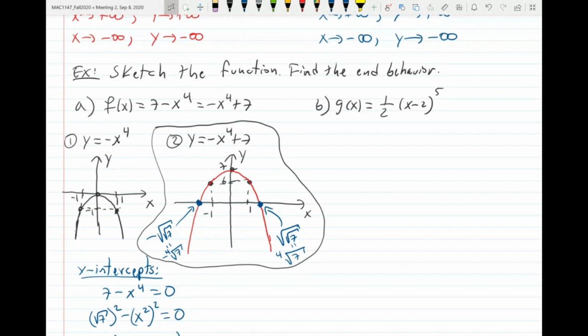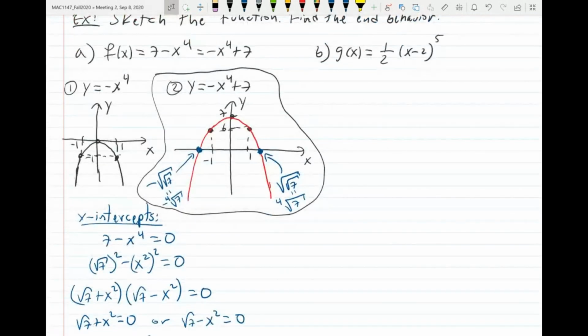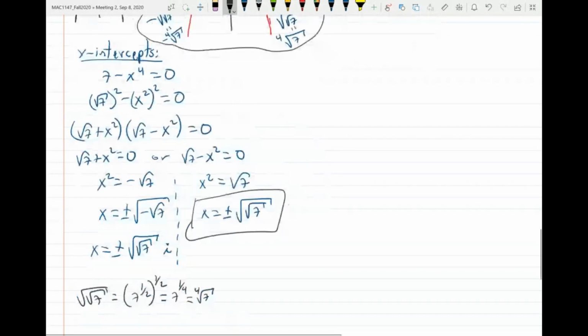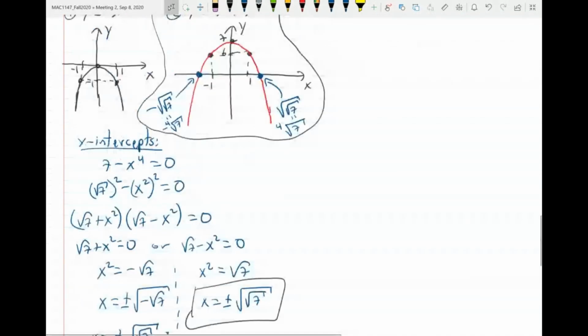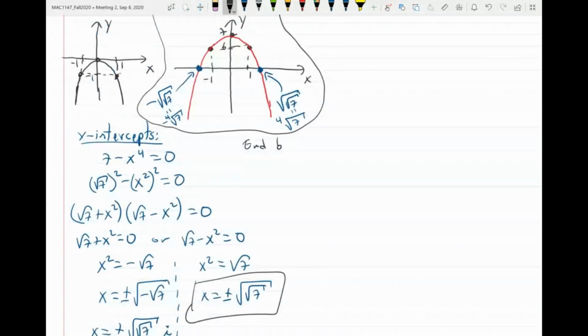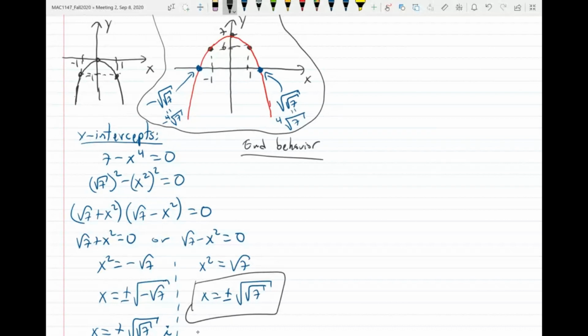Let's see. Who can tell me the end behavior? Remember, by end behavior, what we mean is that you need to fill in this right here. So as x approaches positive infinity, you need to tell me what happens to the function f.